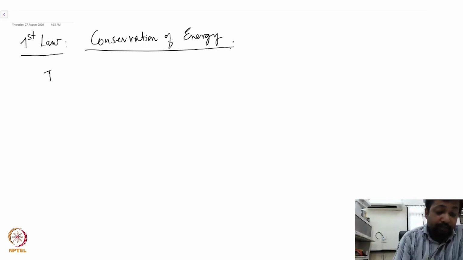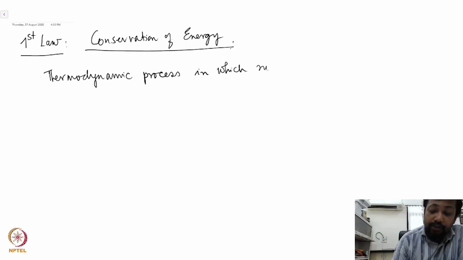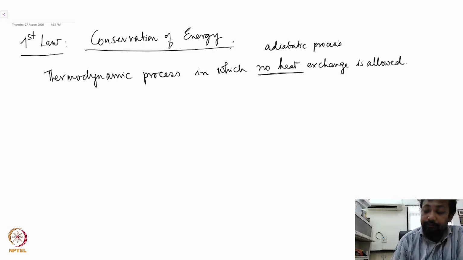Suppose that I have a thermodynamic process in which no heat exchange is allowed. As we go on further and further, you will realize that no heat essentially means an adiabatic process. We will slowly give you the terminology as we go ahead.